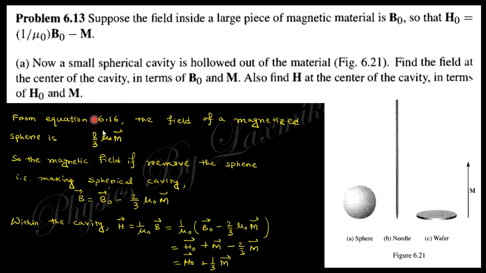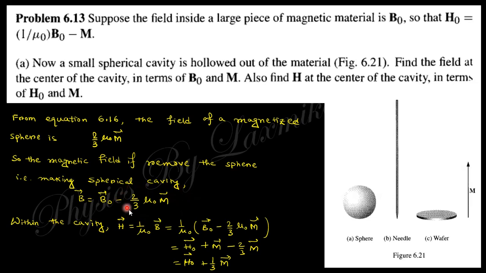So from equation 6.16, we know the magnetic field in the magnetized sphere. This is a magnetized sphere, and the magnetic field will be like that. If you produce this type of cavity within the material, the magnetic field will be B0 minus the contribution of this amount of material, because we eliminate this amount of material.